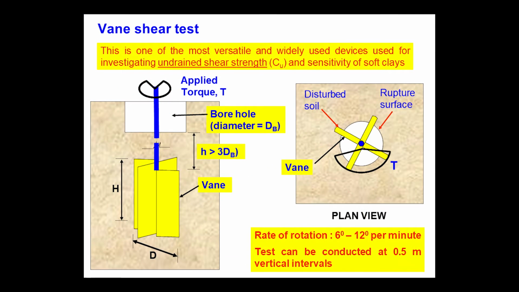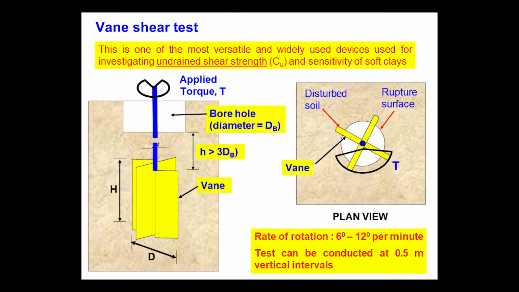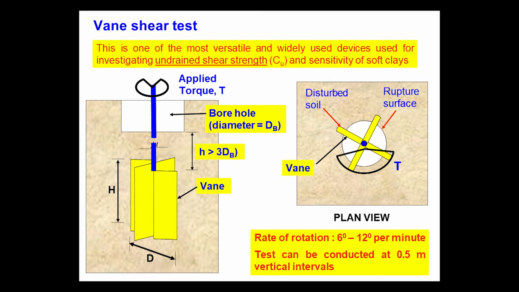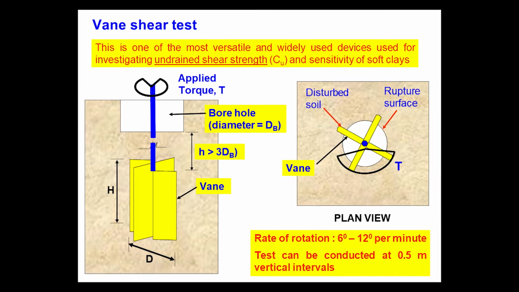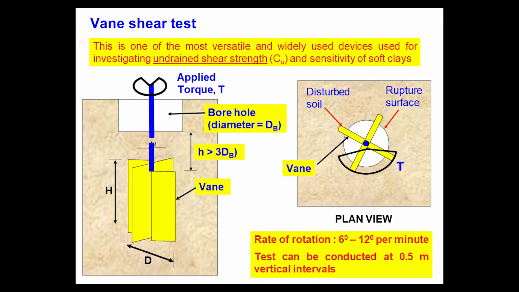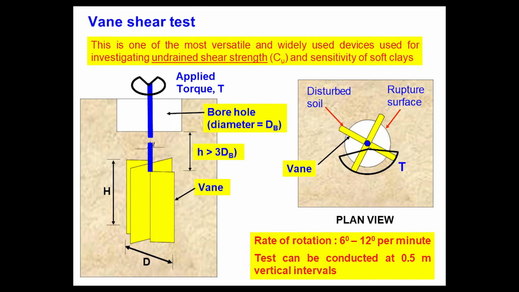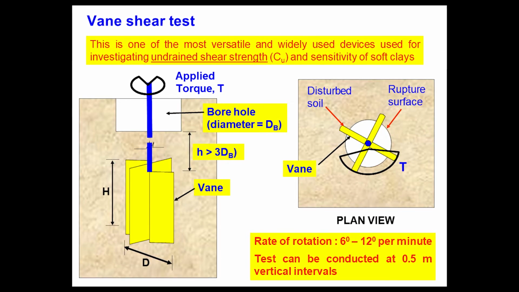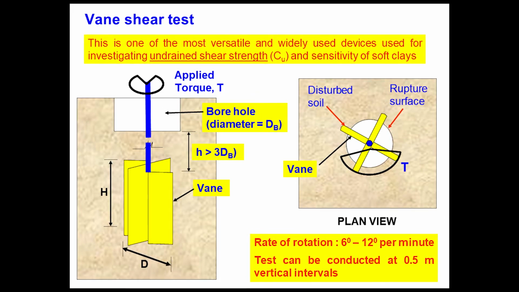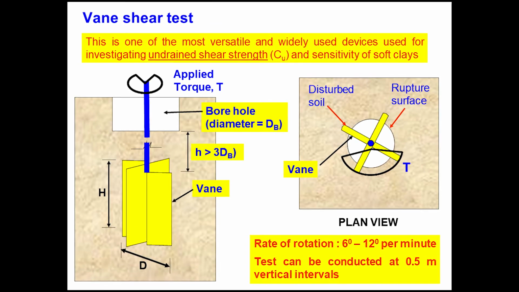The vane shear test. This is one of the most versatile and widely used devices for investigating undrained shear strength Cu and the sensitivity of soft clays. This test is very simple and should be done only for soft clays. H is the height of the vane and D is the diameter of the vane, and a torque is applied on the top.